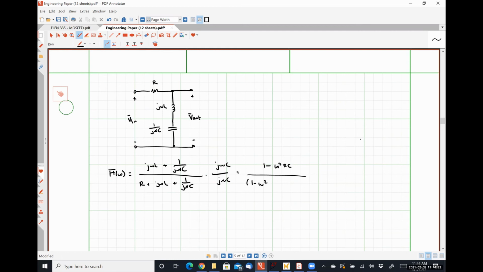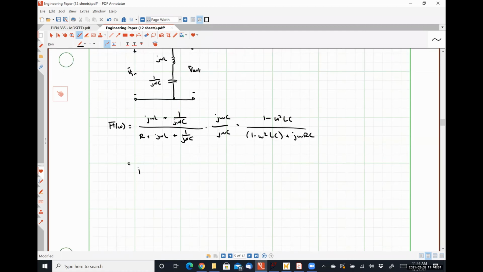All right. So if I wanted to break this into a rectangular form complex number, I would simply multiply by the complex conjugate of the denominator.